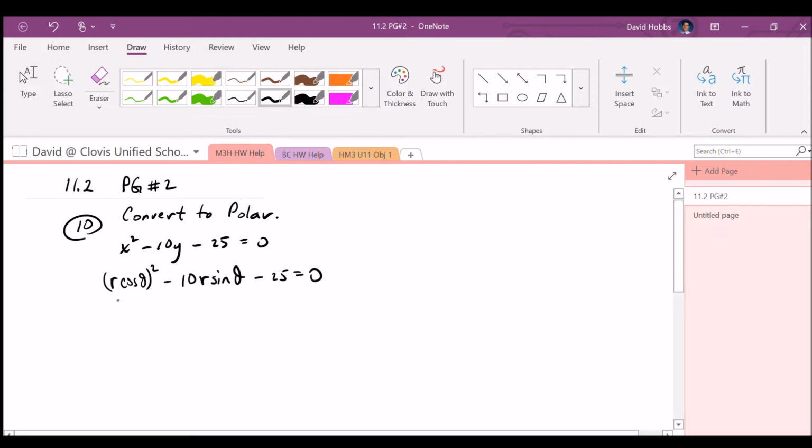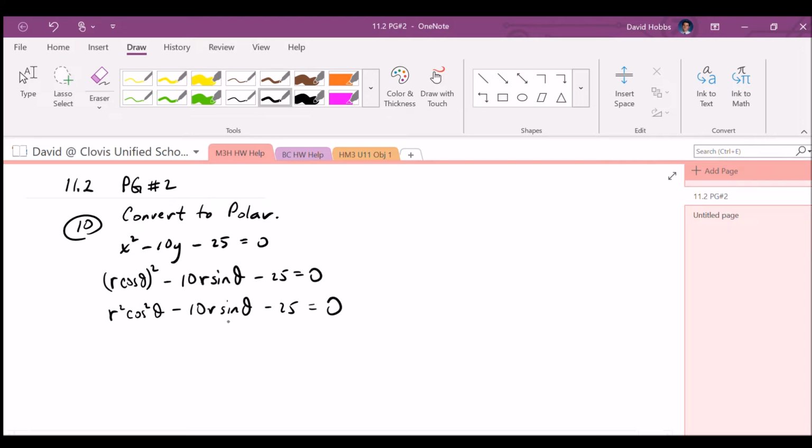Now if I go ahead and square, I get r squared cosine squared theta minus 10 r sine theta minus 25 equals 0. Okay, much like when we're solving some of these equations, we've got sines and cosines mixed. It's probably nice to try to get them working together.